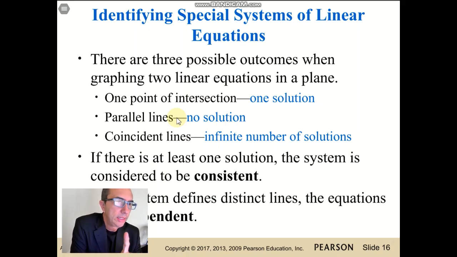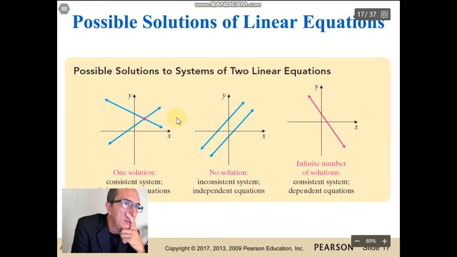If there is at least one solution, the system is called consistent. If there are distinct lines in the equations, they are called independent. Let's understand. The first example here is one solution with independent equations.